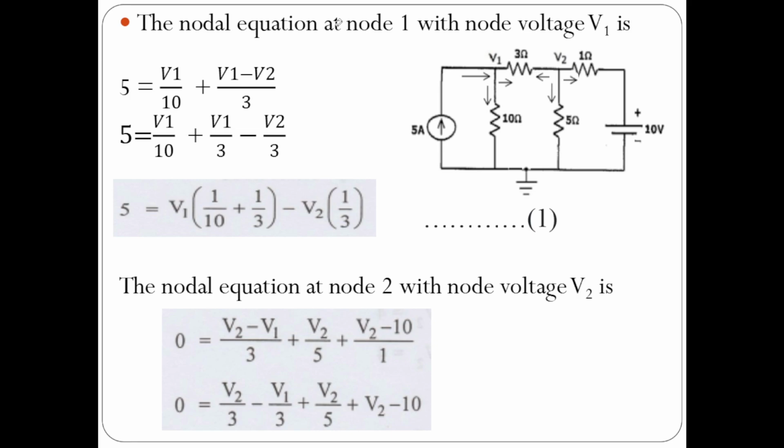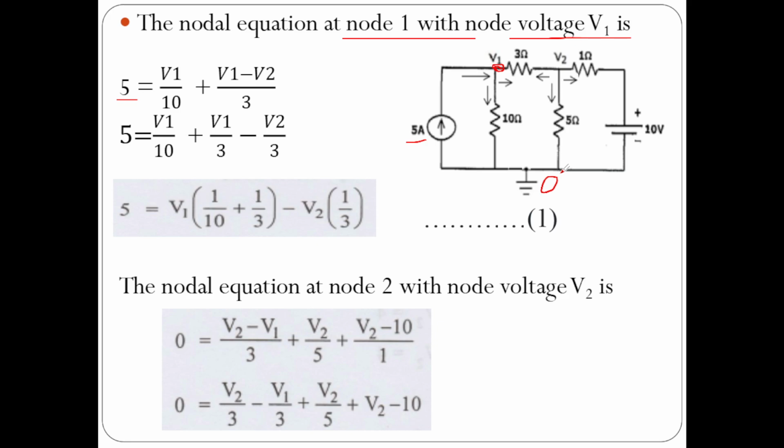Let us apply Kirchhoff's current law at node 1, whose node voltage is V1. What is the sum of entering currents at node 1? Only one current is entering, that is 5 amperes. Entering current is equal to the sum of leaving currents. How many currents are leaving node 1? Two currents. One current flows from V1 to the reference node, so V1 minus 0 divided by 10.